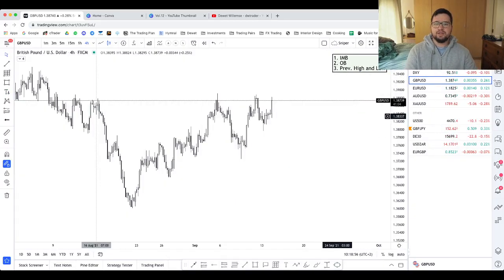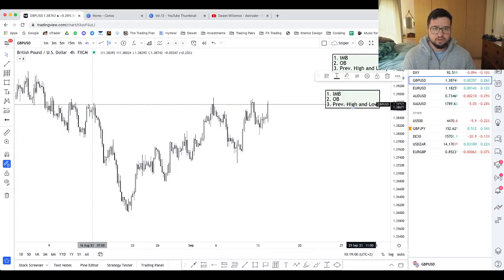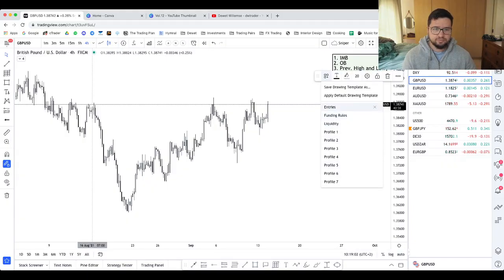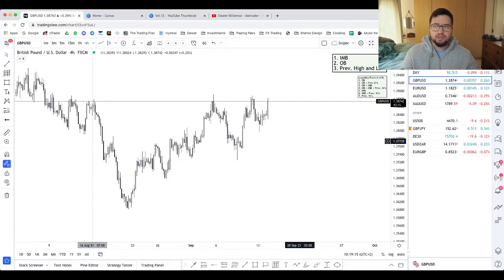As you can remember, we have the list of things, liquidity. We have that as well, but I'm just going to focus on these three main concepts more or less individually. So how do we need to think about liquidity and direction?